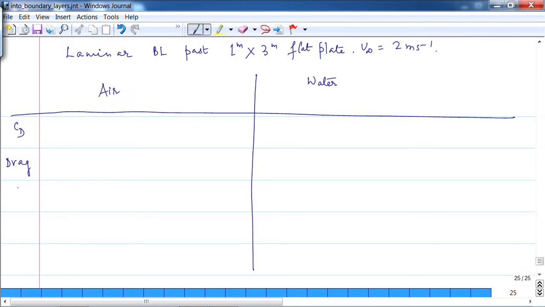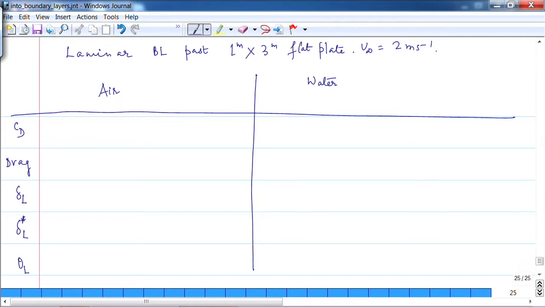Then we have the total drag, then delta. I'm going to write L because that's at the end of the plate: delta L, delta star L, and theta L. So that's at the end of the plate.